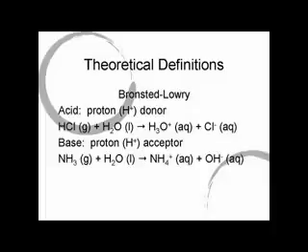In the previous equation, HCl plus H2O yields H3O plus Cl minus, H2O is the Bronsted-Lowry base, and HCl is the Bronsted-Lowry acid. So here we have water acting as a Bronsted-Lowry acid in one reaction, and a Bronsted-Lowry base in another reaction, and we'll talk about what the term amphoteric means a little bit later in this podcast.